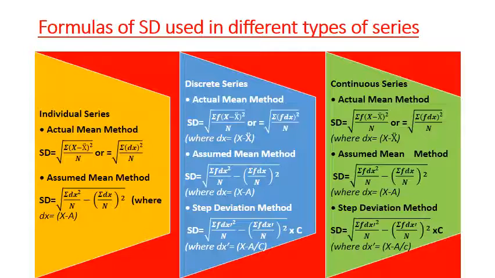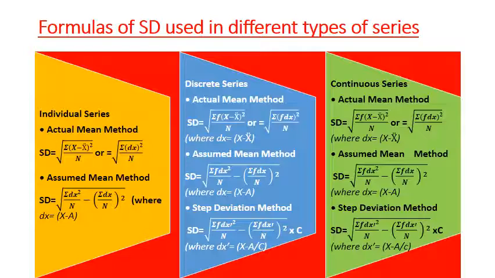In case of actual mean method, it is x minus x bar. And assumed mean method formula is under root of summation of f dx square divided by n minus summation of f dx divided by n whole square, where dx is equal to x minus a, the assumed mean.